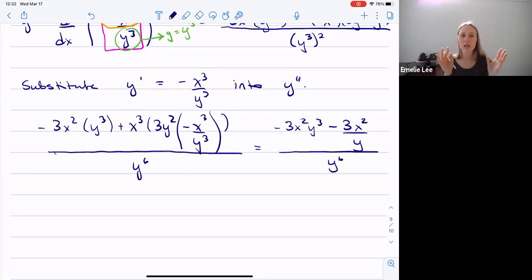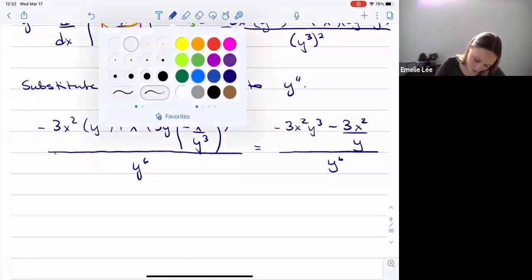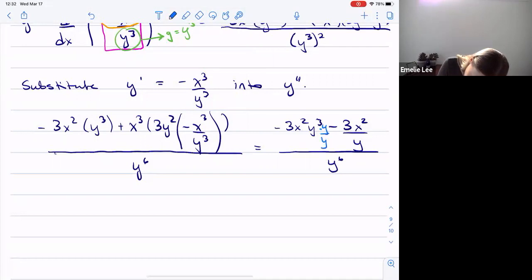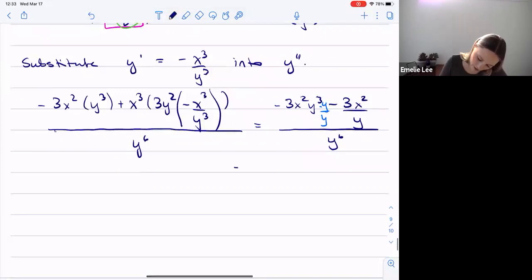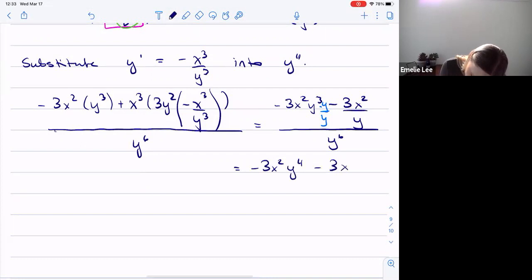There are a few routes you can take here. I am going to force a common denominator in the numerator. I know, messy. But then I'll have a fraction over a fraction, which I can then flip and multiply, right, to simplify. So I'm going to force a common denominator here times y over y, which puts me at negative 3x squared y to the fourth minus 3x squared over y to the sixth.